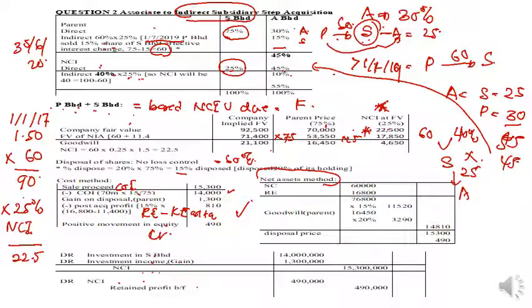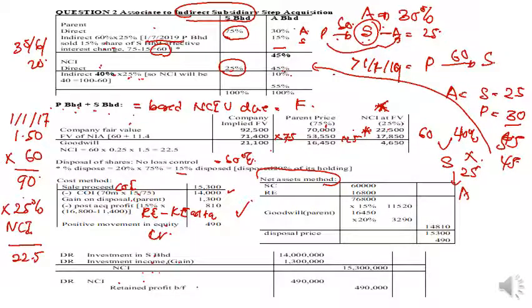The sales proceeds that you receive is 15,300. The COI here is 70 million based on the original COI, times the 15% you dispose over 75%, so the value here will be 14 million. Compared with this, the gain on disposal for the parent side will be 1.3.